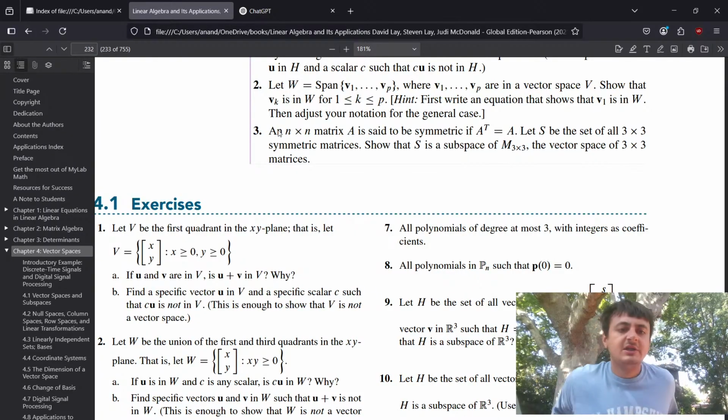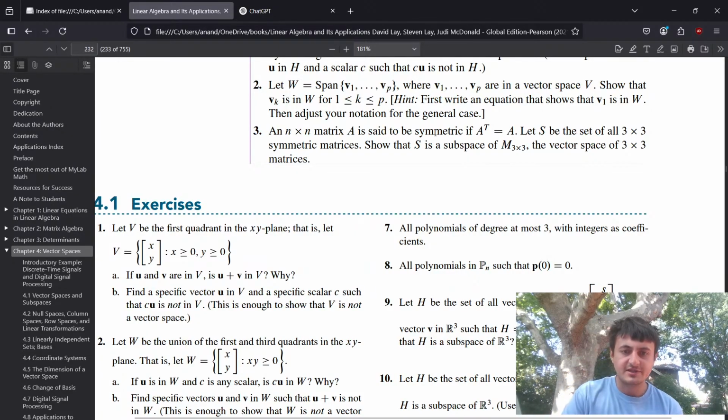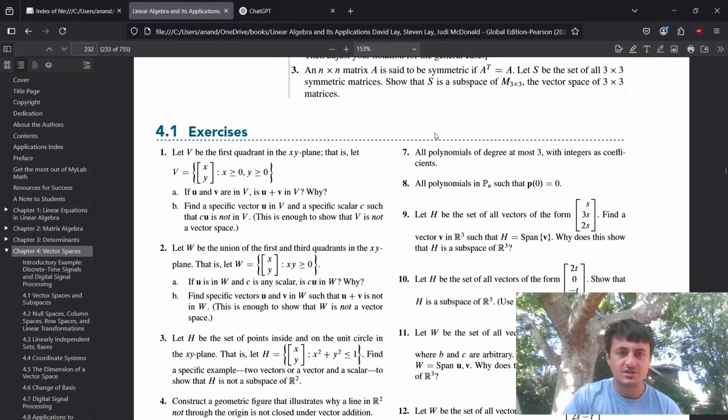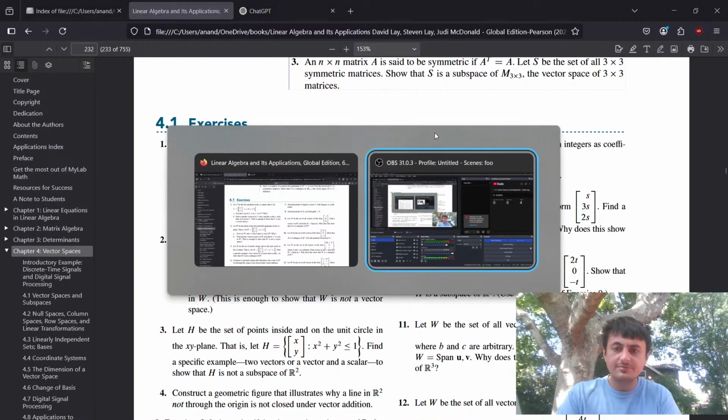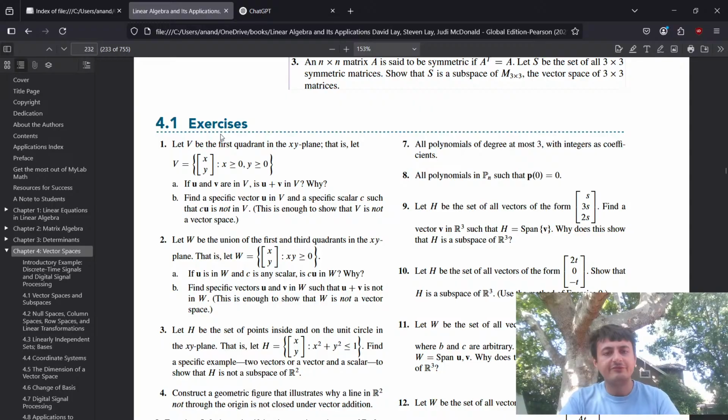All right. Let V be the first quadrant. See, this is what I was thinking, there's going to be a lot of these. But I remember that there were some that I was a little bit tripped up by. So let V be the first quadrant in the XY plane. If u and v are in V, this is true, right?